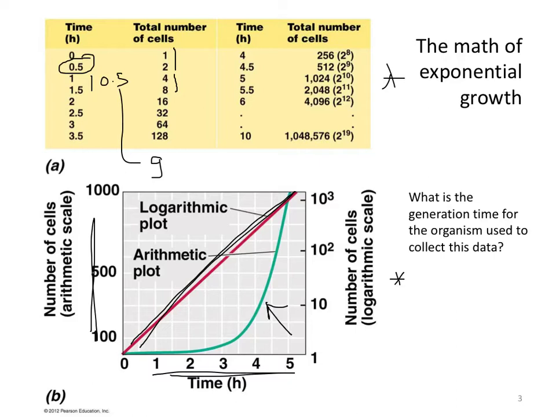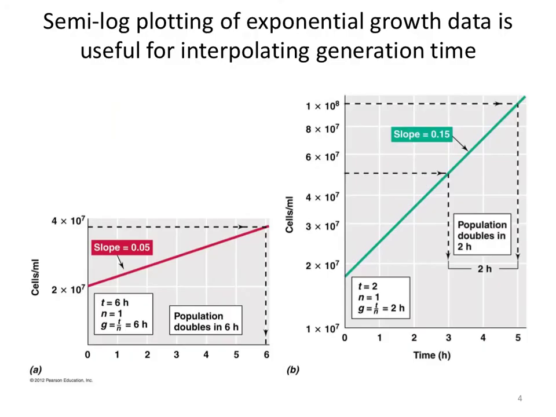If the scale is fine enough, you can infer generation time and some other information from a semi-log plot of this type of data. For example, if we focus on the graph on the left, we can infer generation time by looking at the time it takes to go from 2 times 10 to the 7 cells to 4 times 10 to the 8 cells, from here to here.